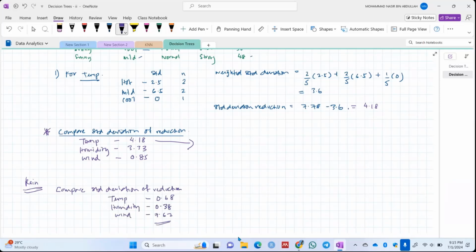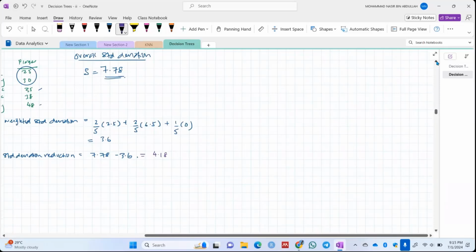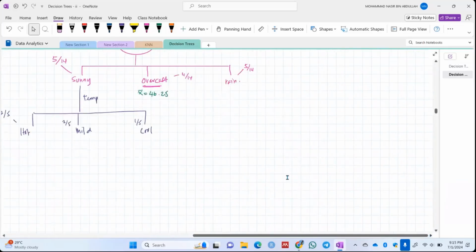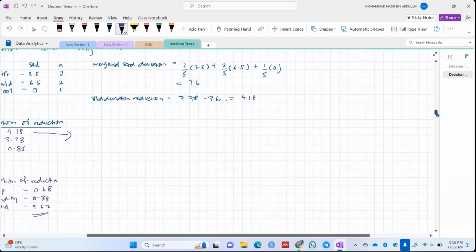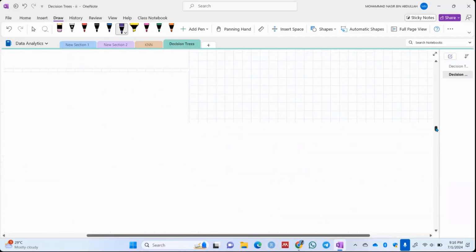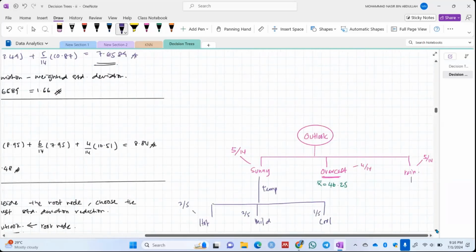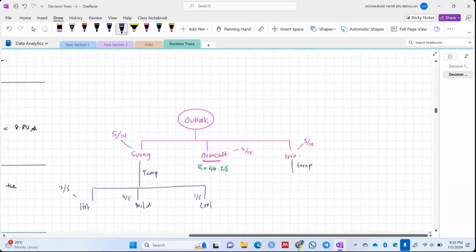So wind will be your splitting node for rain, either weak or strong.